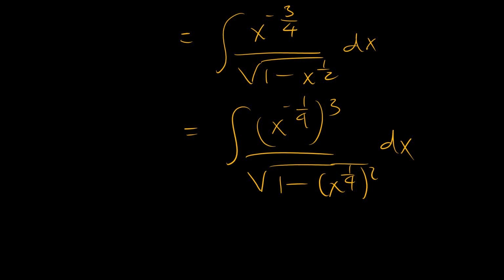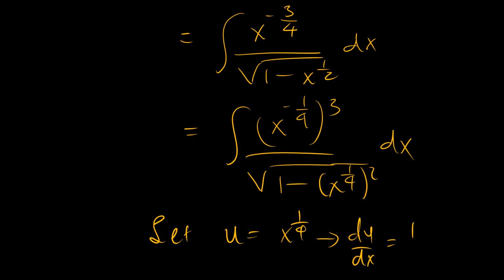So I think it's easy now to just substitute, and we could just say let u be equal to x to the power quarter, so that du/dx is equal to a quarter x to the power negative 3 over 4. And that means that du is equal to x to the power negative 3 quarters dx.